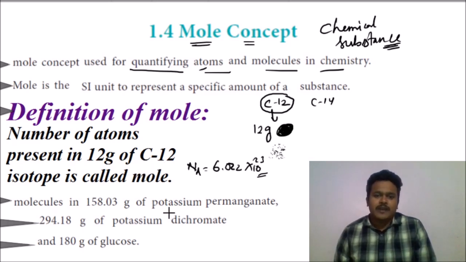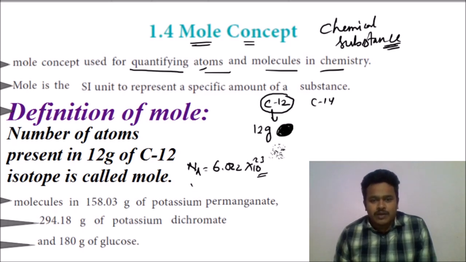Here, potassium permanganate. The formula for potassium permanganate is KMnO4, which you have to learn.